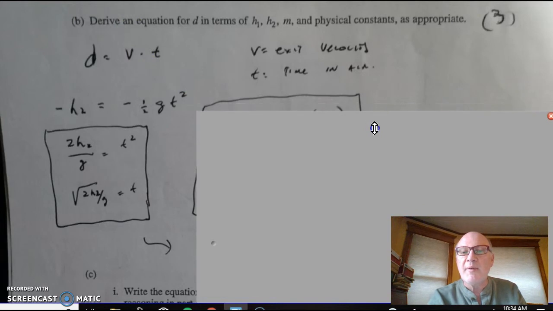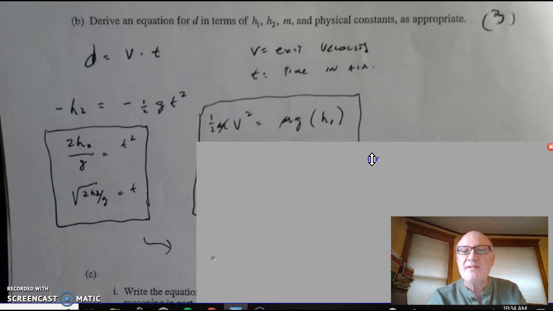And so now I'm going to make an energy argument, okay? I'm going to say that the kinetic energy that the mass has as it comes off that point P is 1 half mv squared, where v is the exit velocity. So there's my use of v there. And that has to equal mg times h1.